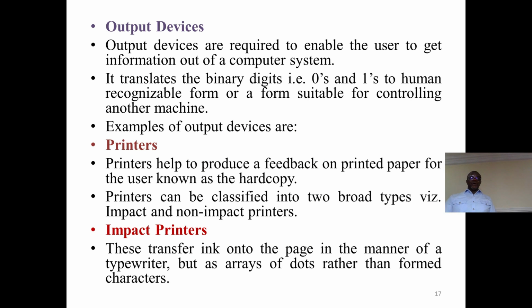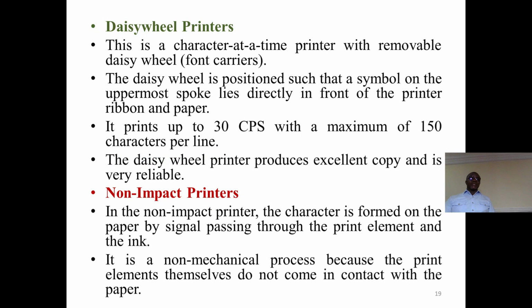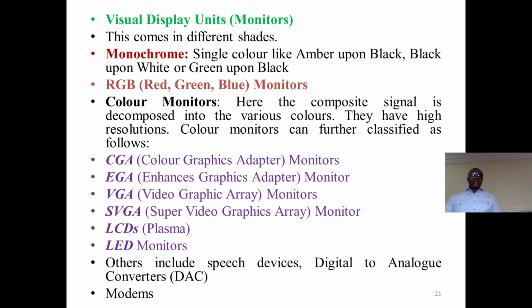Then more useful output devices are the printers, and amongst the printers we have the impact printers, the impact dot matrix printers, dielectric printers, non-impact printers like inkjet and laserjet, visual display units, and so on.